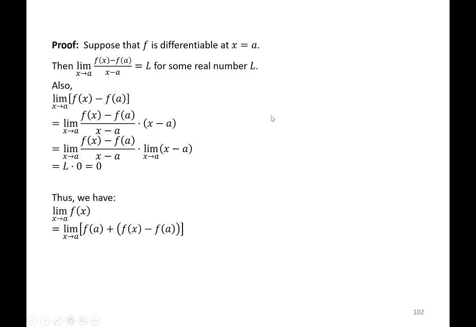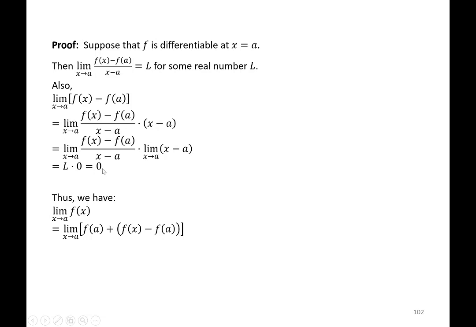Now we can try to show that the function is continuous by showing that the limit as x approaches a of f of x is eventually equal to f of a. And the way we can get there is by rewriting f of x as f of a plus f of x minus f of a. Seems like a convoluted thing to do, but remember, we know what the limit as x approaches a of f of x minus f of a is.